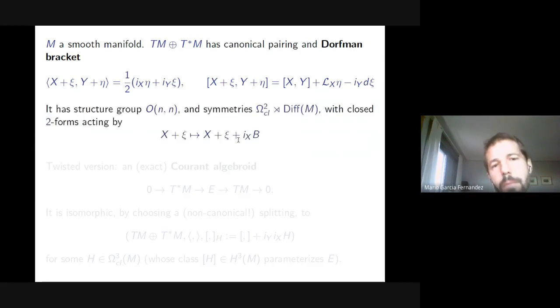The bundle tangent plus cotangent endowed with this metric has structure group O(n,n). So this is a metric with split signature, and symmetries given by an extension or enhancement of the group of diffeomorphisms of the manifold. This enhancement is by closed two-forms. A closed two-form acts by the so-called B-field transformation, shifting X plus ξ, a vector field plus a one-form, by this formula, given by contraction of the vector field with it.